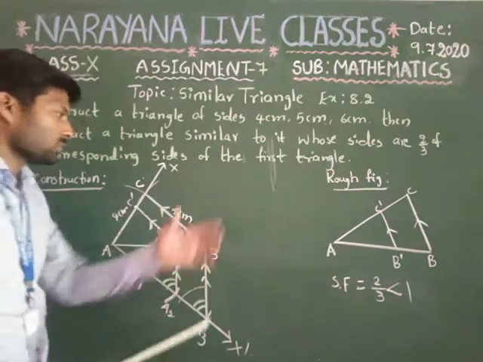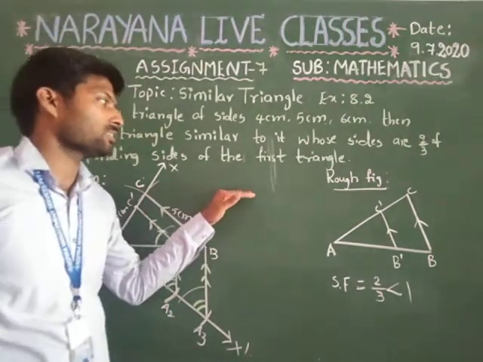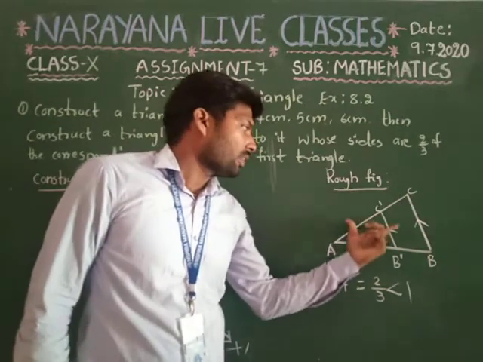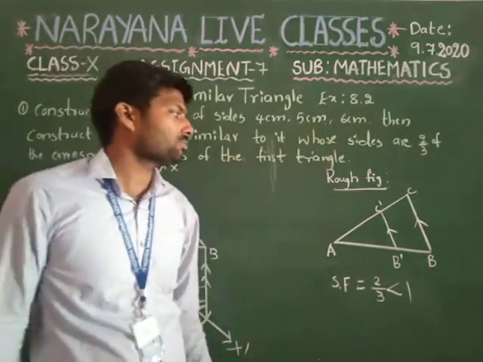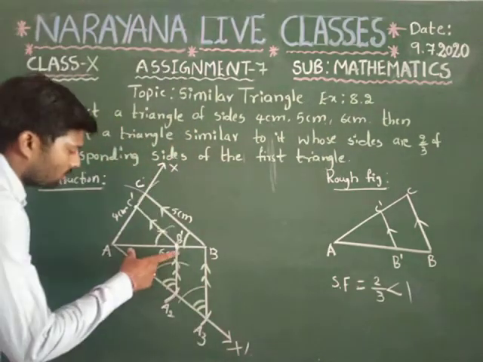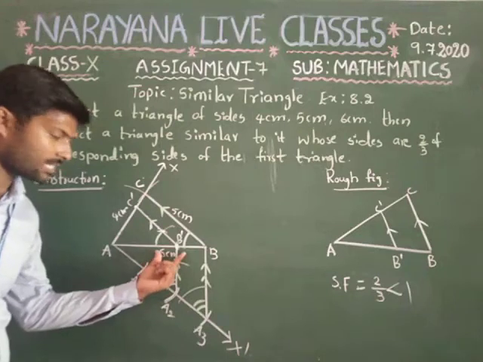So after that, let us write the steps of construction. The first point you have to write is: draw the rough figure and label it based on the given measurements. Draw a line segment AB whose length is 6 centimeters.